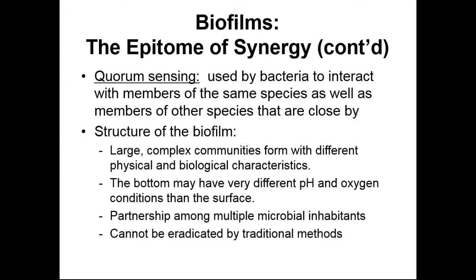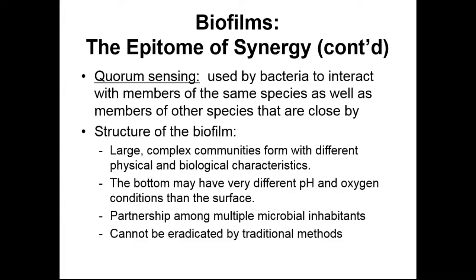For example, many strains of E. coli, not species of E. coli, at low concentrations are not pathogenic. But if you increase the concentration of E. coli above a certain threshold, all of a sudden that population of E. coli will switch from being non-pathogenic to being pathogenic. They start to act differently when they reach the quorum.